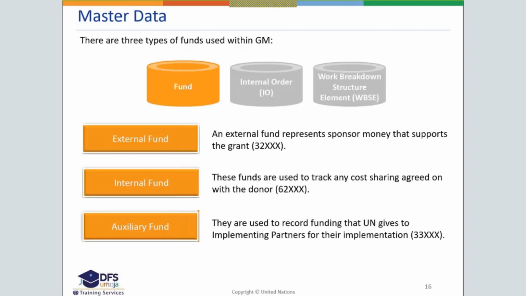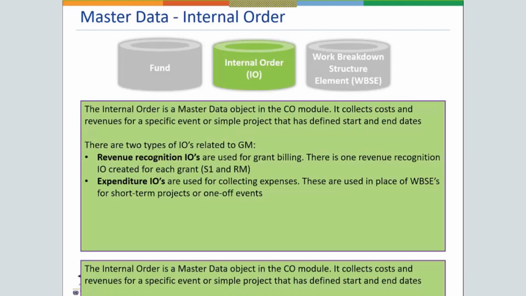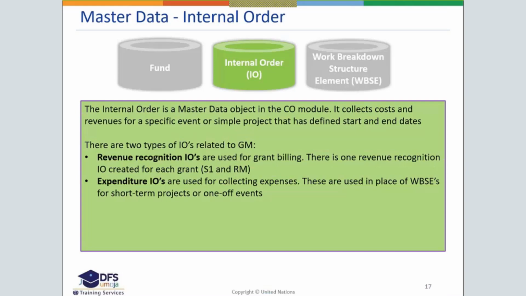Let's go now to the controlling objects that we are going to use to implement these agreements in our system. Internal orders, as all of you already know, are controlling master data objects that can collect costs or revenues, but for specific events or simple projects that have defined start and end dates.